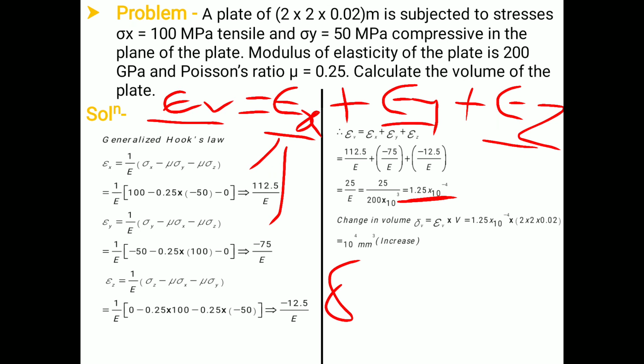As it is a positive sign, it indicates that there will be an increment in its volume under the action of given stresses and for a given value of modulus of elasticity and Poisson's ratio.